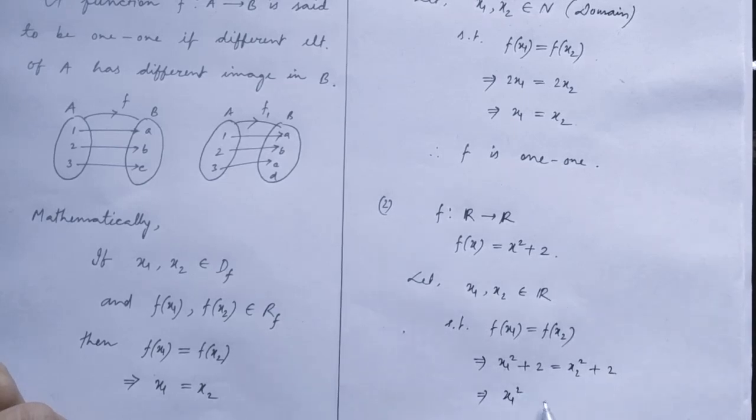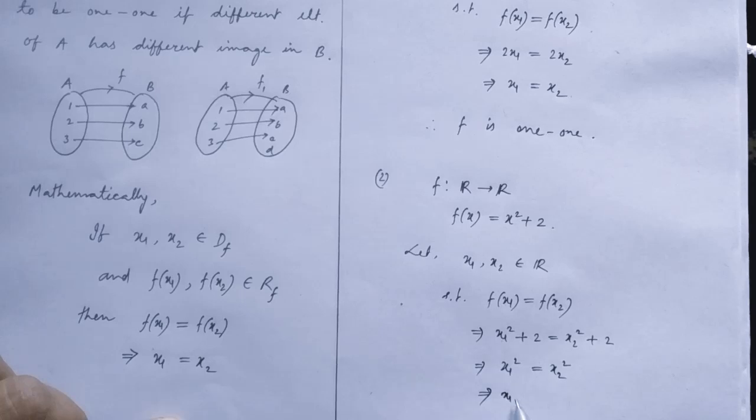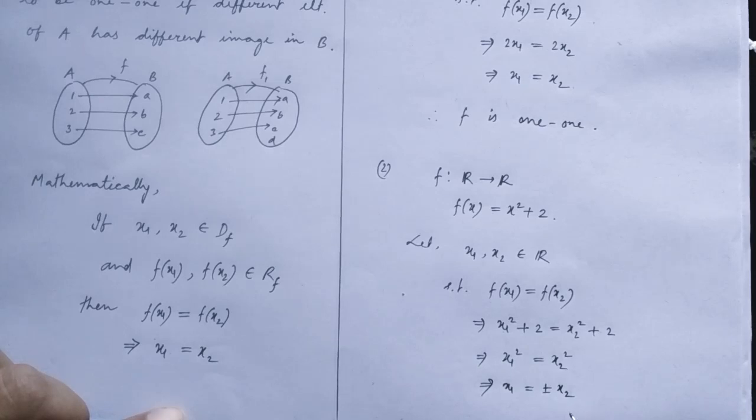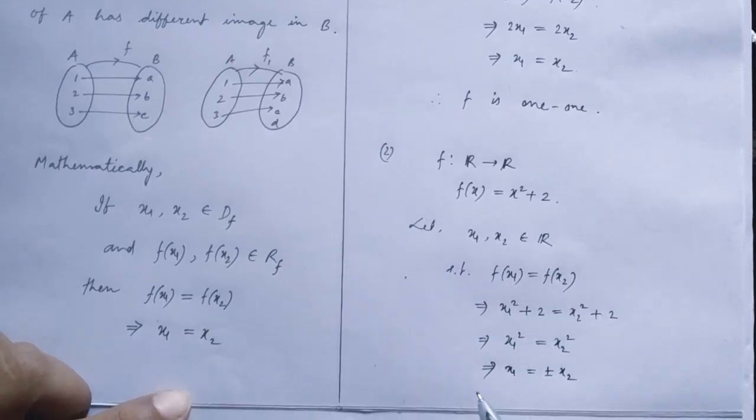This implies x1 square equals x2 square. So this implies x1 equals plus or minus x2. So here x1 is not equal to x2. So f is not one-one.